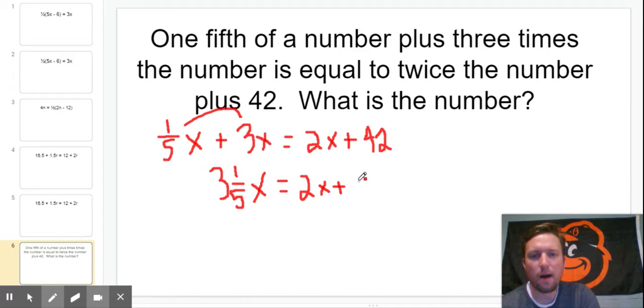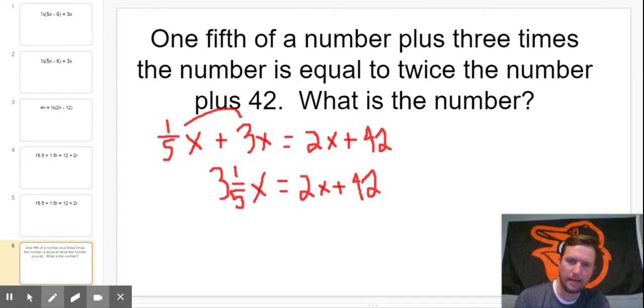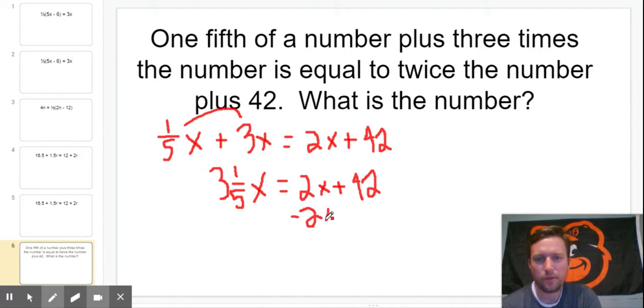Okay? Now, the next thing I'm going to do is try to get my variables to the same side. So I see my 2x is smaller than 3 and 1/5. So I'm going to subtract. Very good. I'm going to subtract 2x from this side, and I'm going to subtract 2x from this side. And what am I left with?